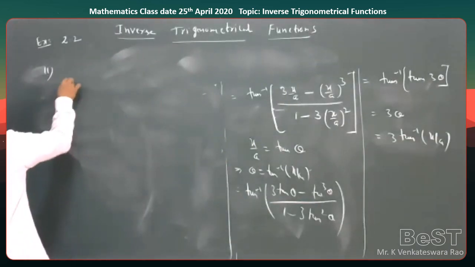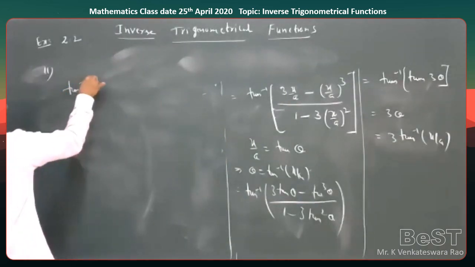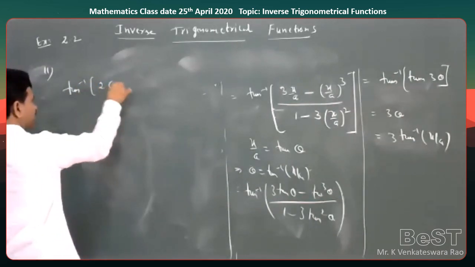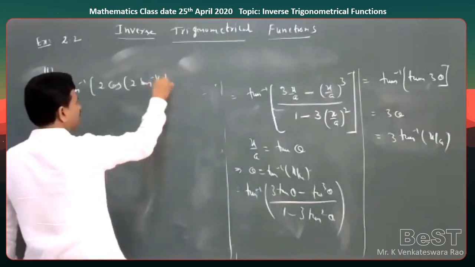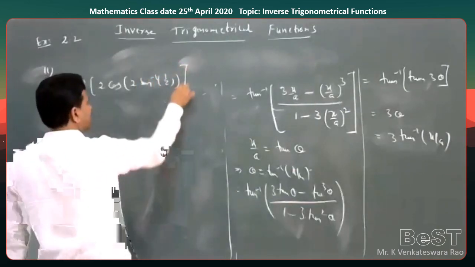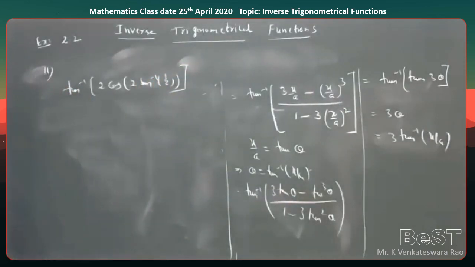Tan inverse of 2 cos of 2 sin inverse of 1 by 2. Very simple. Complete it yourself.